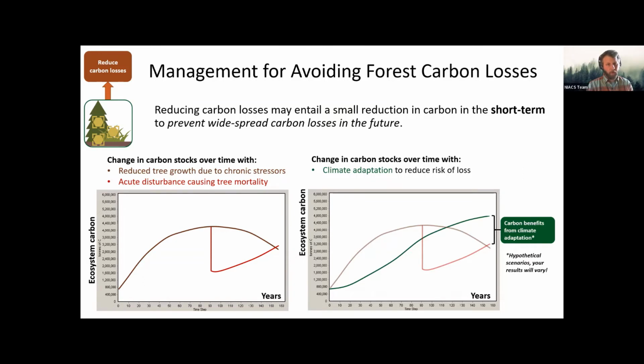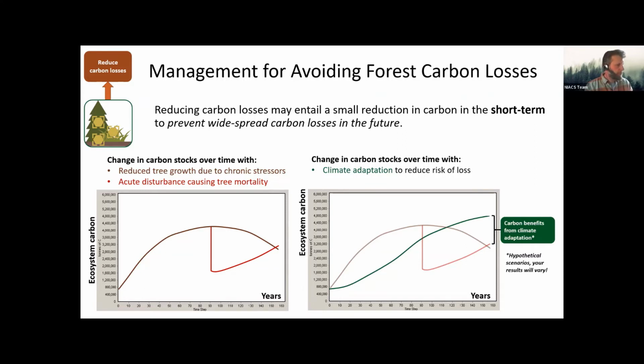When we implement management that might be transitioning, say, towards more future-adapted conditions, there might be a short-term loss in carbon to the system, but over that long period of time, compared to a no action alternative where we have the potential for these long-term carbon losses, adaptation may lead to long-term carbon benefits ultimately.